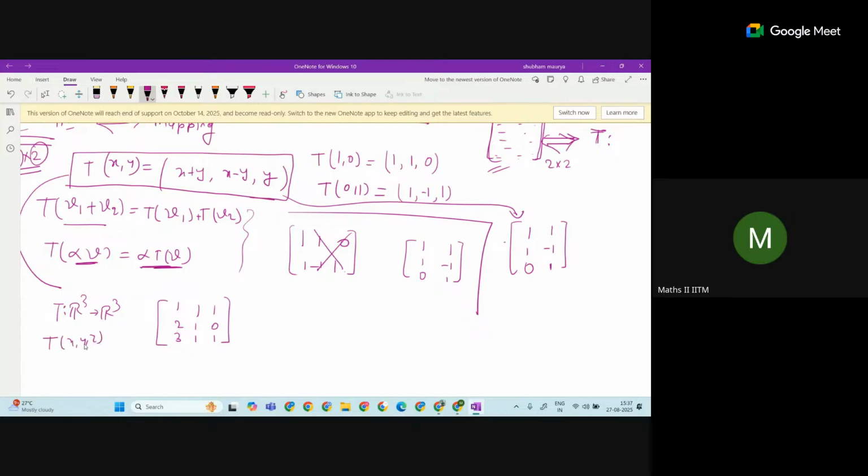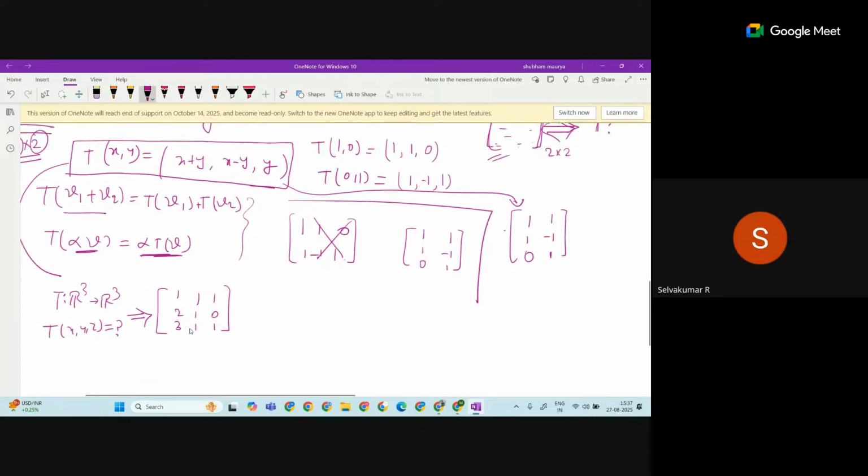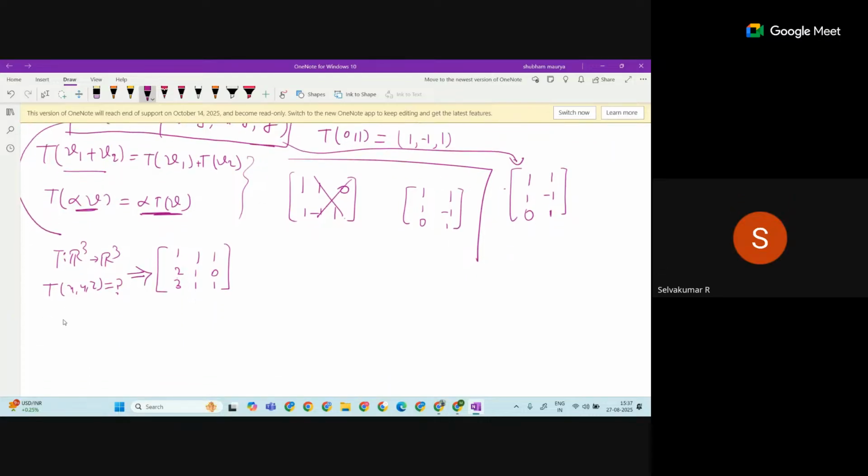Can anyone tell what the expression is if the matrix representation of it is this one? x plus y plus z, 2x plus y plus 0z, 3x plus y plus z. This is the expression. Very simple.